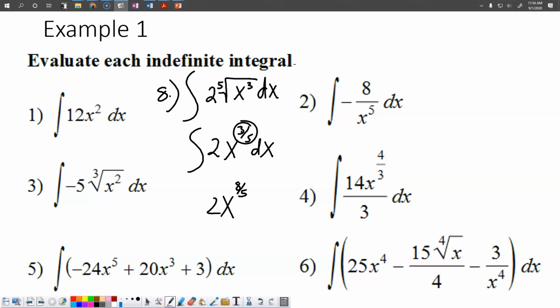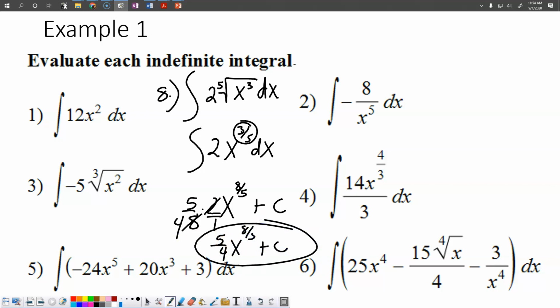But I don't want to divide by 8/5, so instead, to make my life easier, I'm going to multiply by the reciprocal. Don't forget your plus c. Now 2 goes into 8 4 times, and you're left with 5/4 x to the 8/5 power plus c. Okay? And there you go. So I'm going to let you guys try one of those.